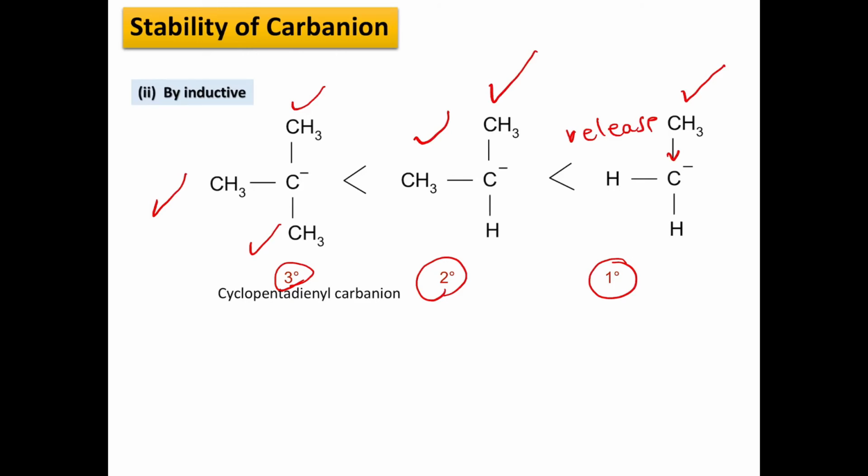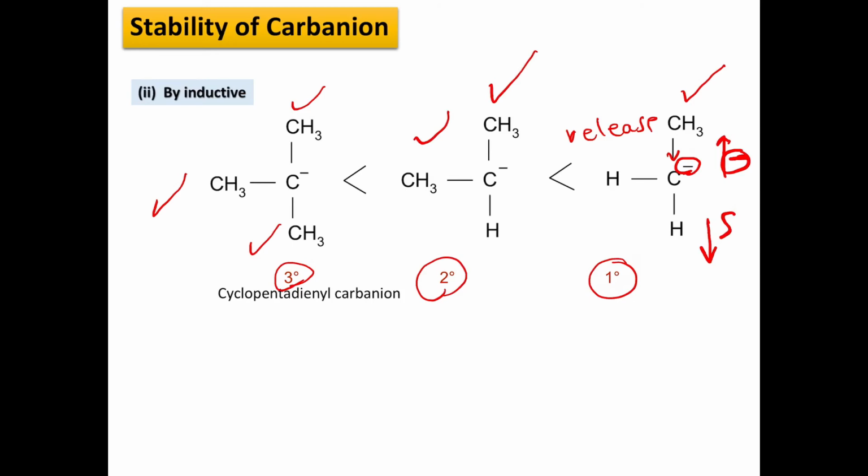So let's consider that we have a negative charge and we have one source of releasing electrons. That means from one source it gives more electrons. It's negative, and as long as the negativity here increases, the stability will decrease. I'm repeating it: as long as the negativity of this negative charge increases, the stability will decrease.